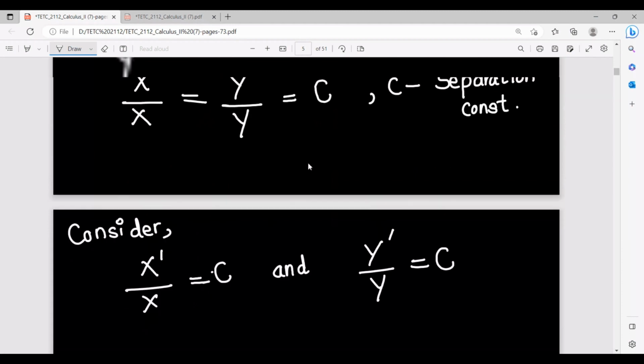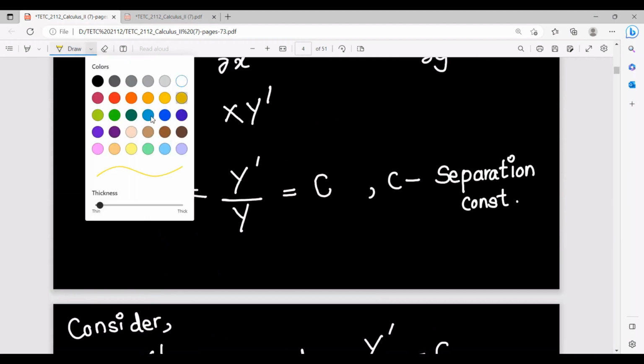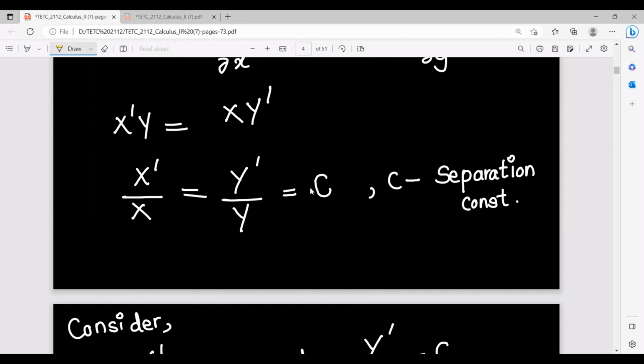So before that, I will go back to this separation constant. Since this capital C is a separation constant, it is something that we have introduced into the problem.